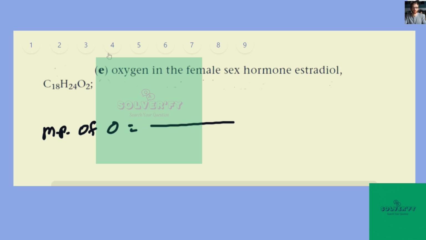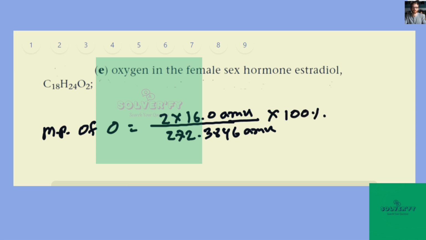Here we have 2 oxygen, that means we place 2 times oxygen's atomic weight, which is 16 amu, and in the bottom we place the formula weight of this compound, which if we calculate we will find 272.3846 amu, and we times it by 100%, which will give us 11.75%. So this is the mass percentage of oxygen in estradiol.